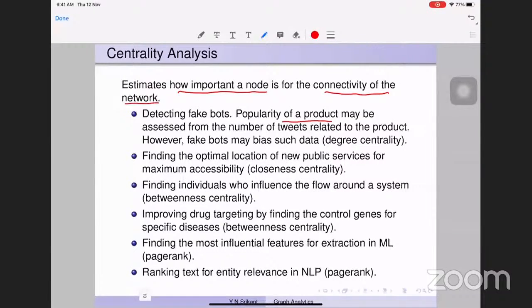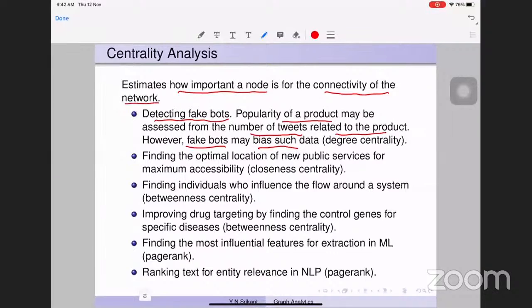That can be done from the number of tweets related to the product. But then there are also fake bots which are launched by the competitors to bias such data. So they may actually launch a lot of tweets trying to promote their own product. How do you detect such fake bots is an application of centrality analysis.